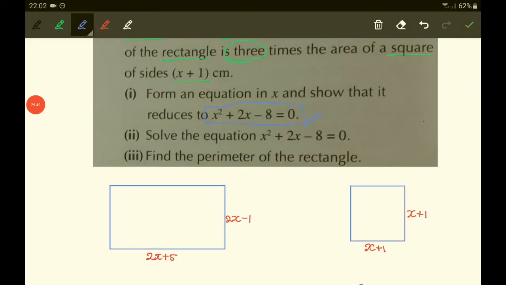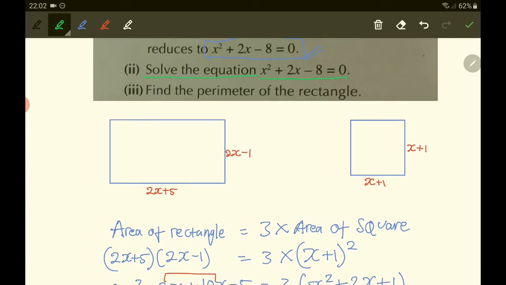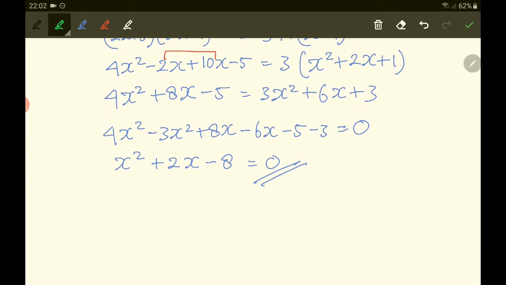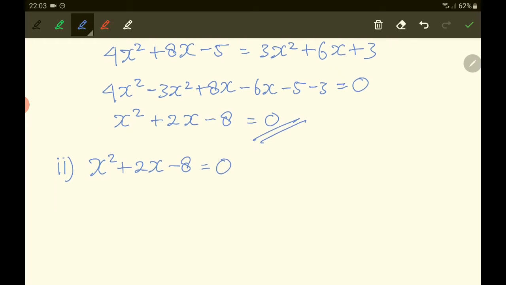Okay, now for the second part, we are going to solve the equation x squared plus 2x minus 8 equal to 0. Because the x squared coefficient here is only 1, it will be easier.